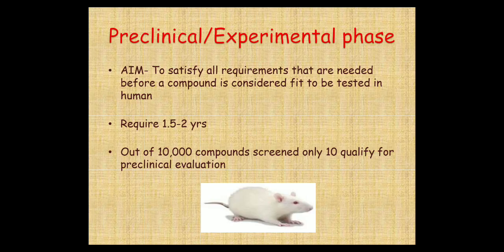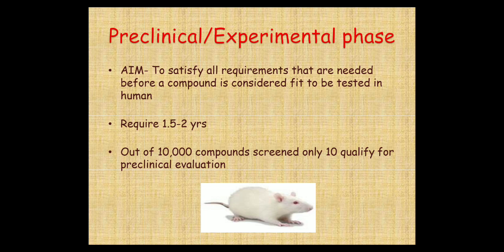So next stage is the preclinical or experimental phase. Here we are dealing directly with animals. The aim of this preclinical or experimental phase is to satisfy all requirements that are needed before a compound is considered fit to be tested in humans.